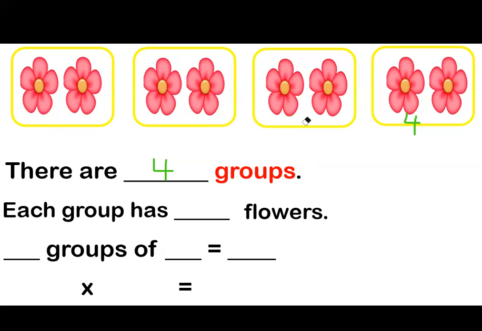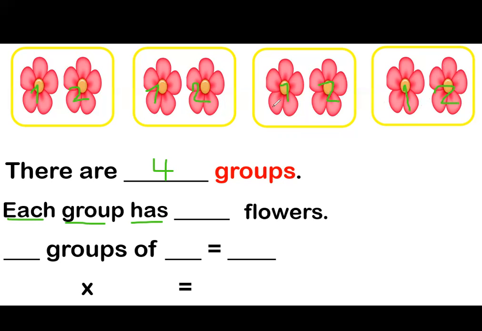We're going to count. Each group has, let's count: 1, 2, 1, 2, 1, 2, 1, 2. So each group has how many flowers? One group, how many flowers?